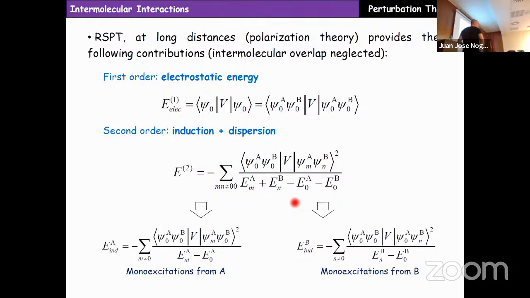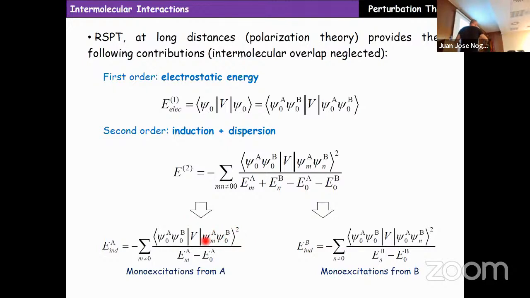This summation involves all, but any of them can at the same time be 0. Well, if I split this summation, I can split it in 3 different terms. The first one supposes only excitations in the fragment A, and the fragment B stays in the ground state.